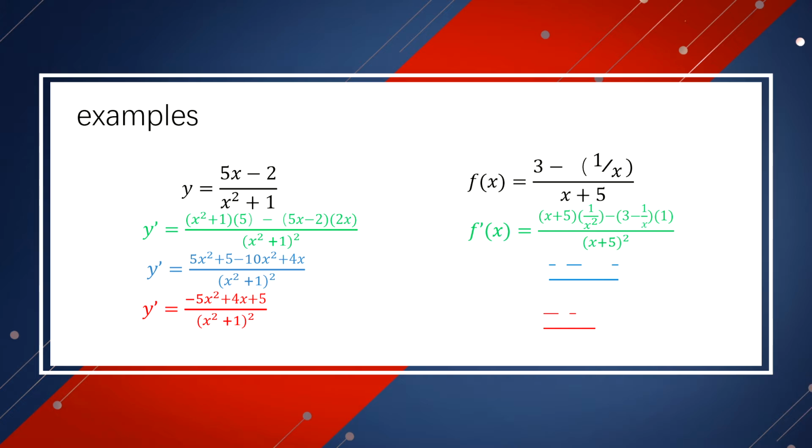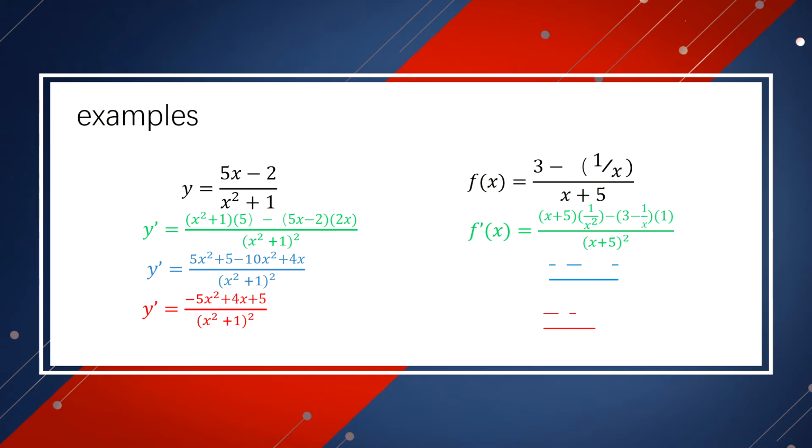The first step, we also apply to the function. x plus 5 is g(x), and 1 over x squared is f prime of x, the derivative of f(x), and we need to minus 3 minus 1 over x.